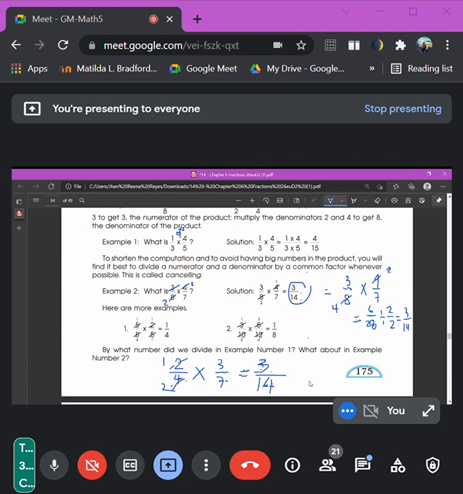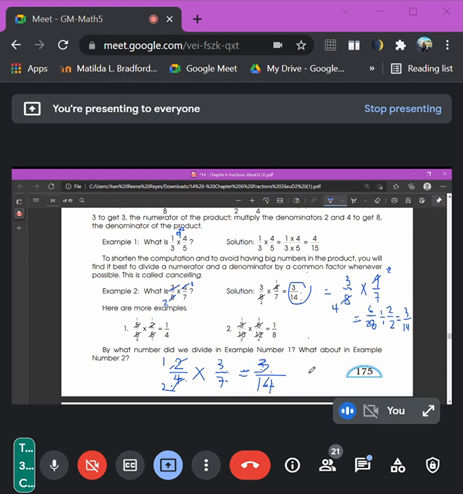So the answer without dividing is 1 over 9. But if 2 over 6 times 3 over 6, you divide. The 3 divided by 6, you make the 3 into 1 and the 6 into 2. And then you multiply.